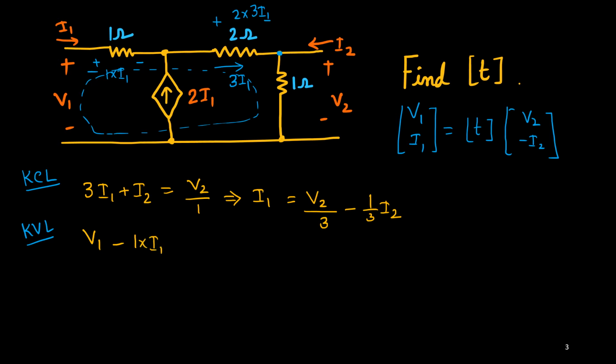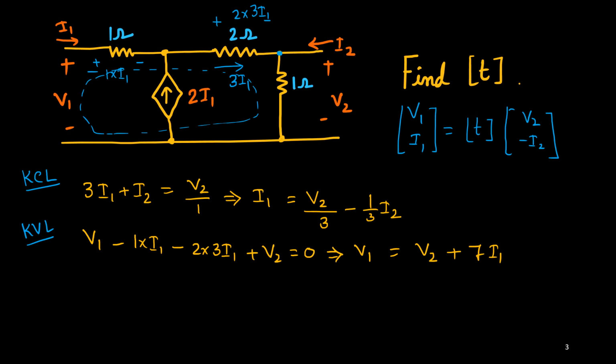Again the drop across 2 ohm is minus 2 into 3I1, that is 6I1, and then plus V2, and that equals 0. If you simplify it, you'll get V1 equals V2 plus 6 and 1, that is 7I1.